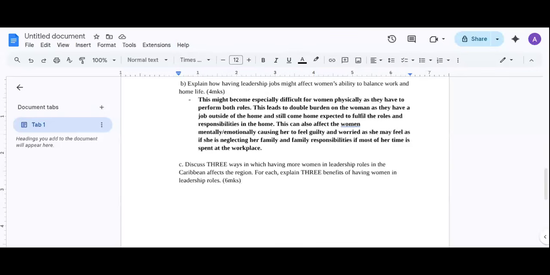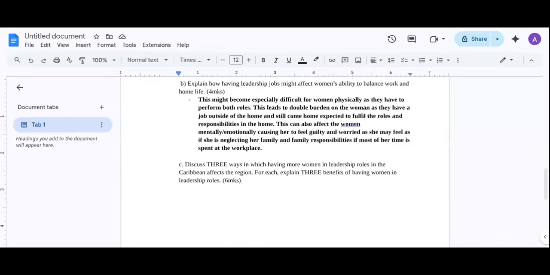Okay. So it means that it's hard for them to balance the both, physically and emotionally. So when we're talking about balance, being able to do the two things at the same time, that will have a toll on them physically and mentally. Even if you zoom in on the word balance, it's difficult for them physically to balance the two, seeing that the two are demanding full-time jobs.